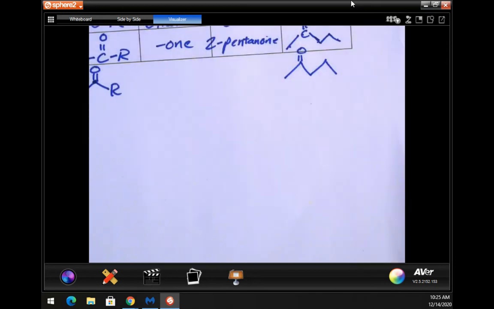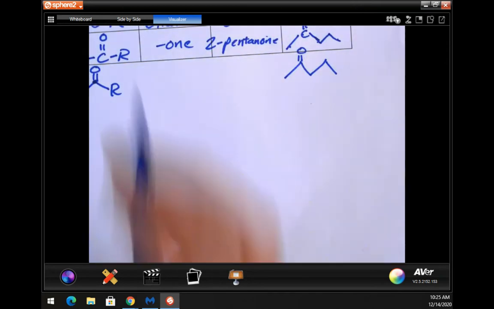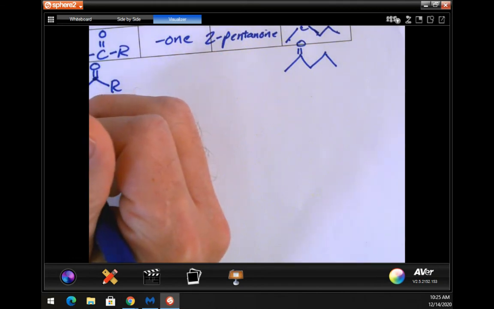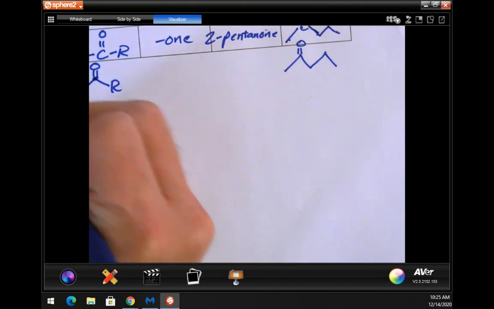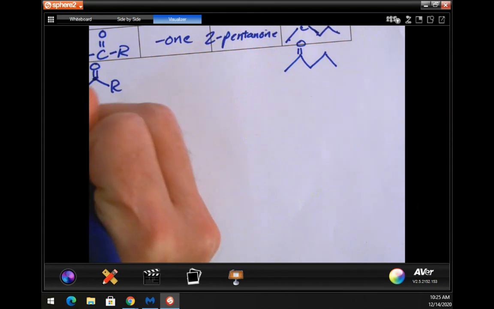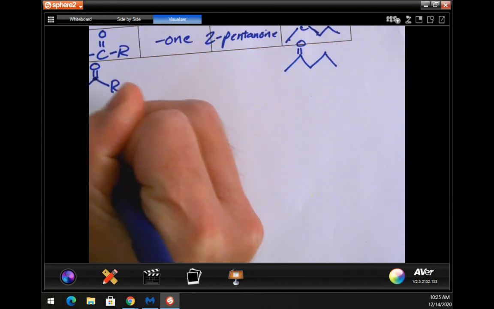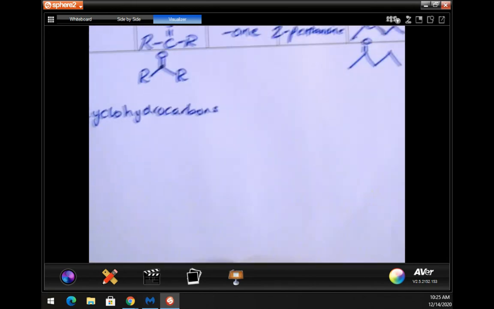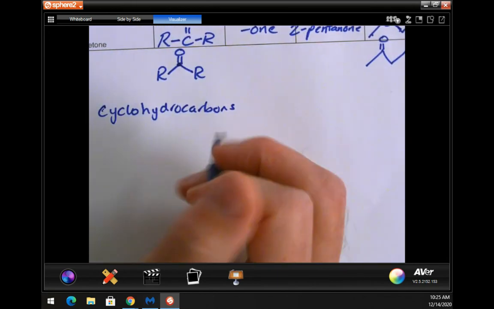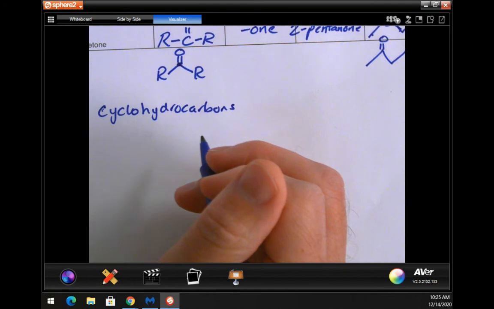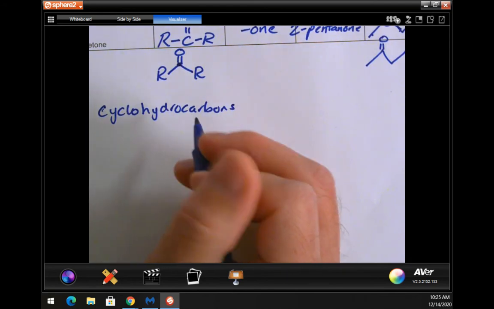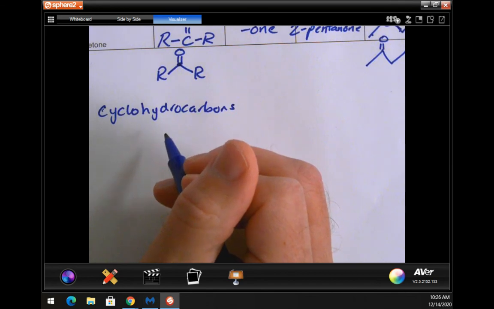Okay. All right. One thing I didn't cover, I should have put down here, and this is pretty simple stuff. It's just kind of a review, but are the cyclos. So with the cyclohydrocarbons, just remember all you're doing is you're taking two of the hydrogens, you're losing them, and you're taking the chain and turning it in on itself.